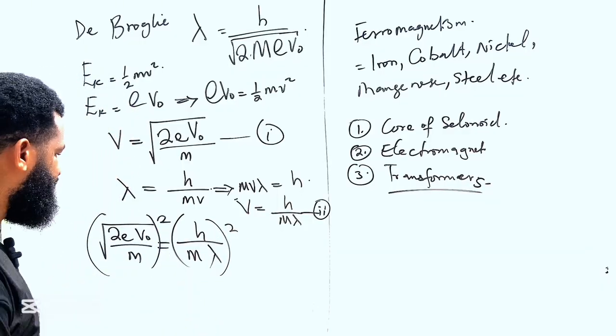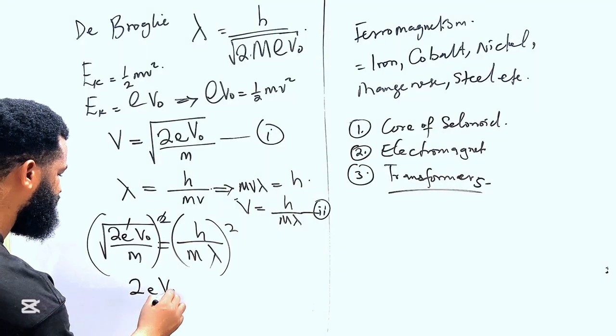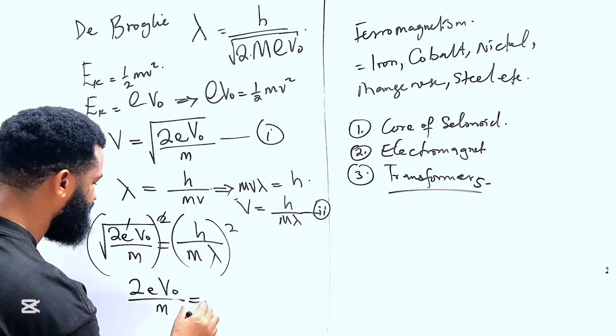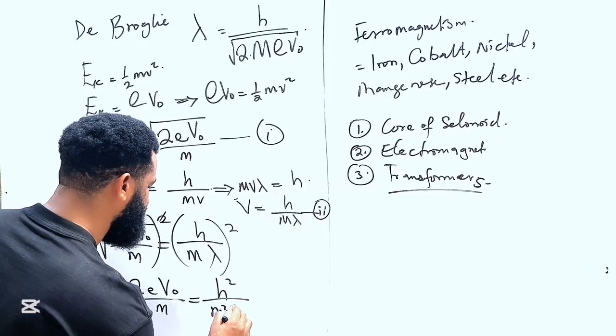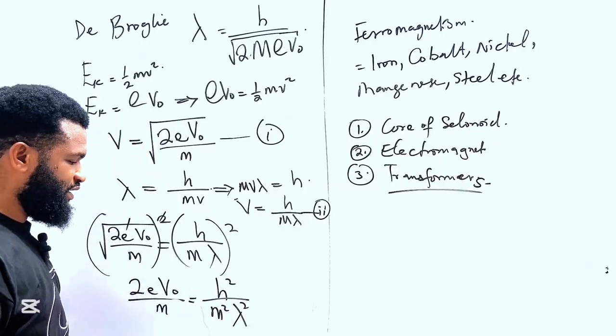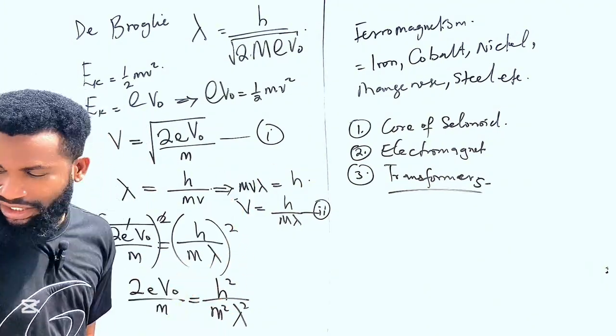When I square both sides, this cancels this. I have 2 e V sub naught all over m is equal to h squared all over m squared lambda squared. All right, so I'm going to make lambda the subject of the formula and I will get my answer.